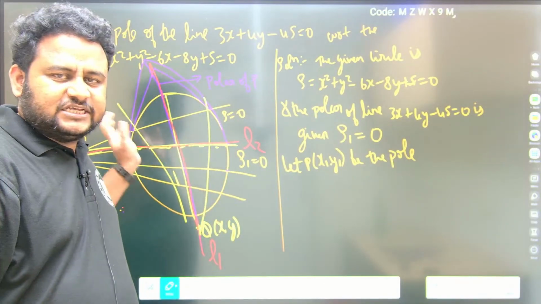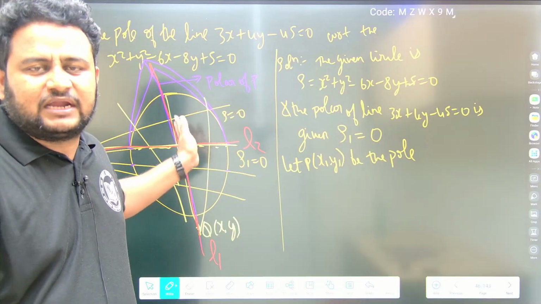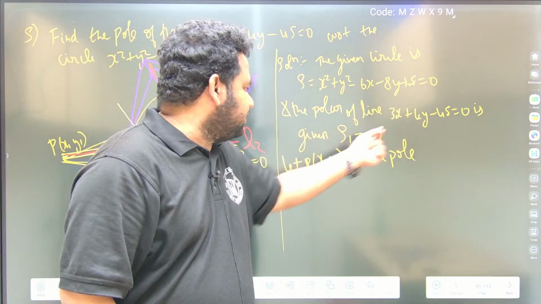From the point, that is the pole, you will get the polar, that is a line. The polar of the point is given by S1 equals 0.